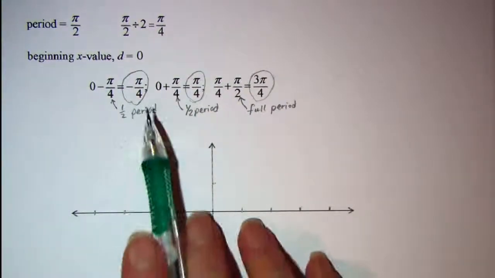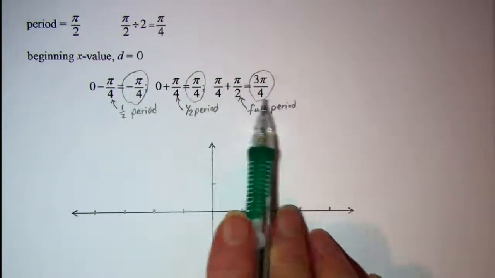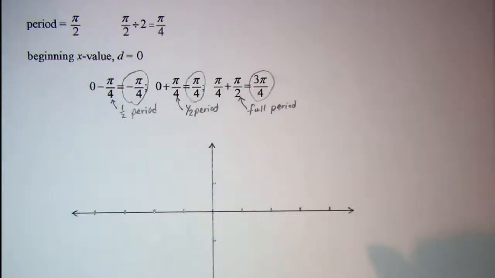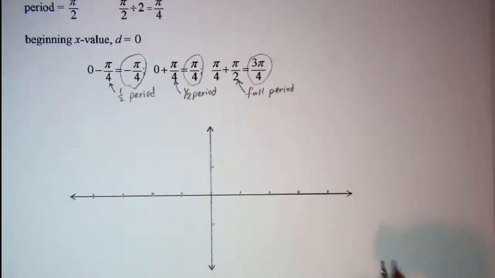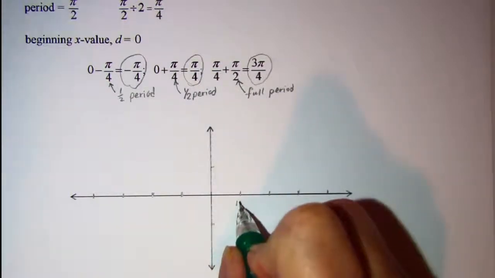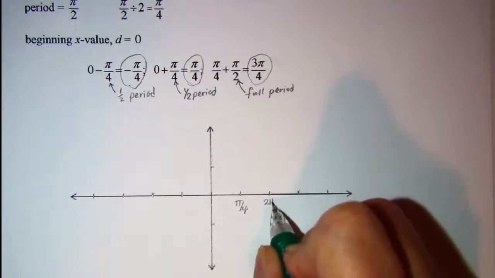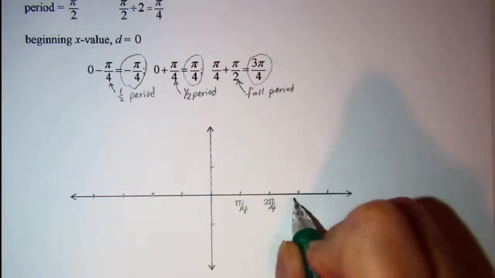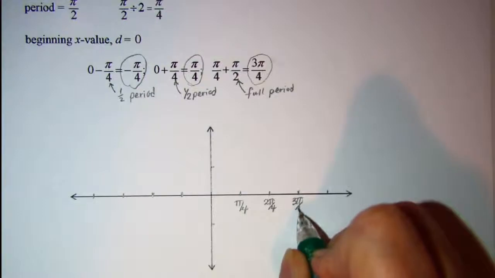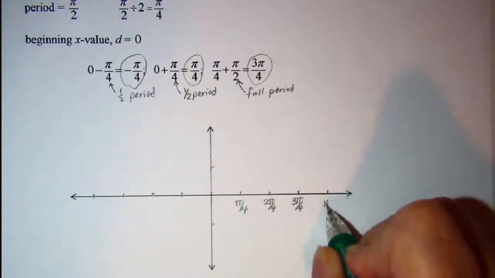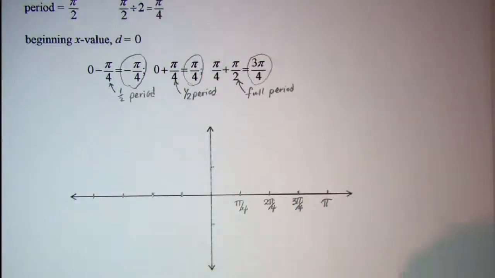Since all of these have a denominator of 4, I'm going to label my x-axis in fourths of a pi. So I have pi over 4, 2 pi over 4, 3 pi over 4, and then 4 pi over 4, which is just pi.